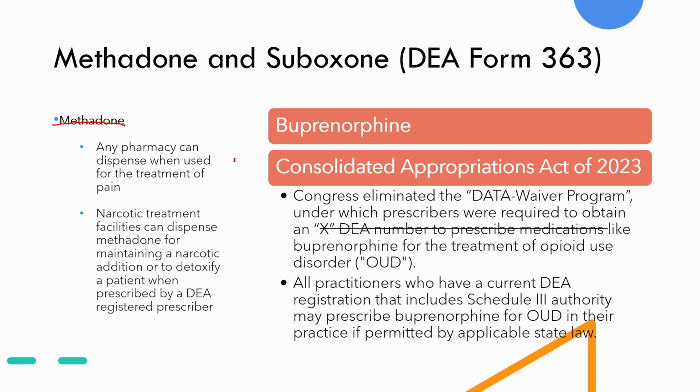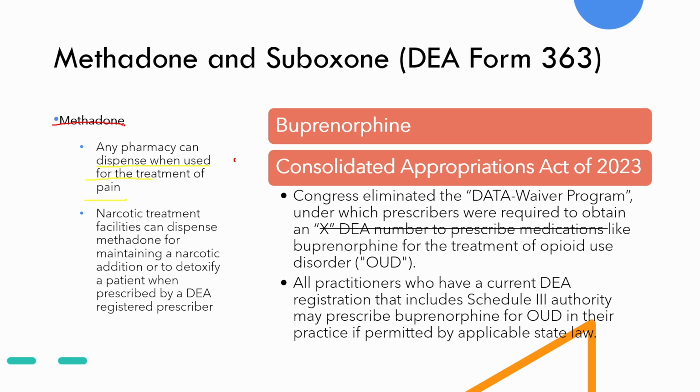When it comes to pain, any pharmacy can dispense it. This is an important delineation from what I'm going to be talking about next. So it's used for the treatment of pain.